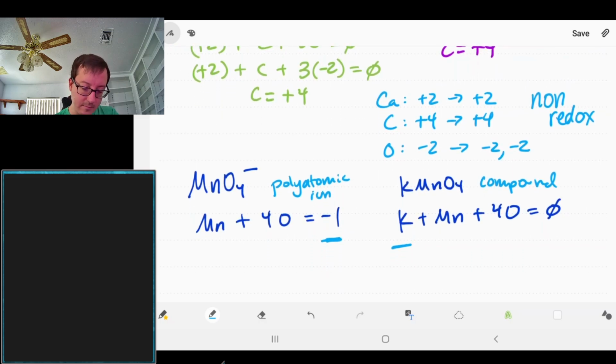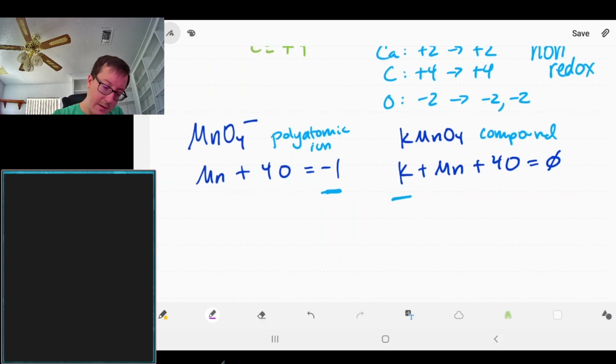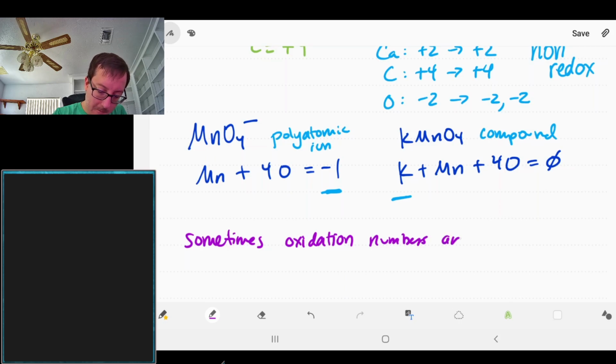So, last kind of thing I want to let you know is that sometimes oxidation numbers are 0 in a compound, or sometimes you'll see them even as fractions. So fractions are okay as oxidation numbers.